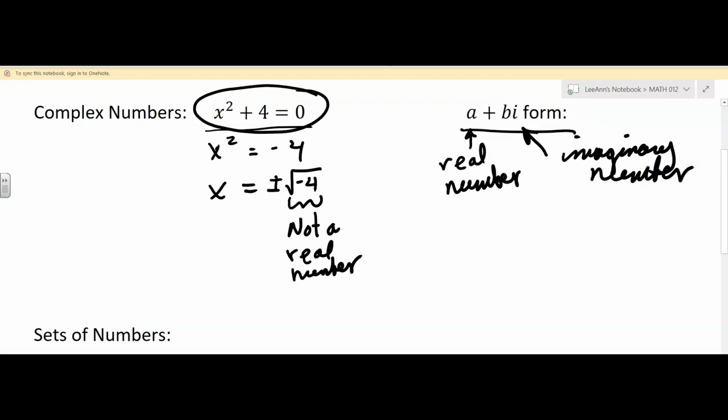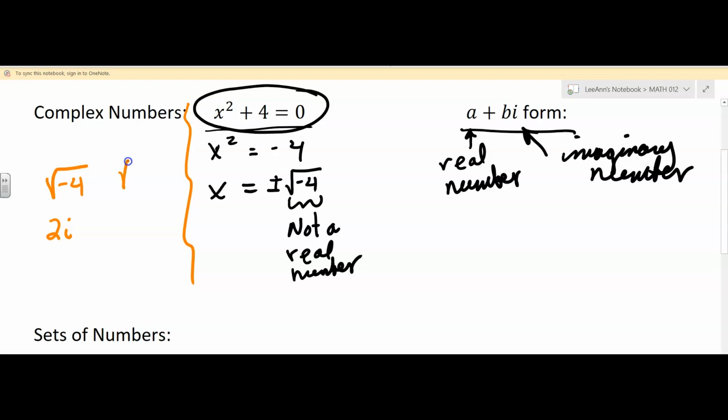Okay, so let me go back to where we had the square root of -4. You may remember that we write that as 2i. Now, that's not the solution to this equation. I mean, you'd have plus 2i and minus 2i, but anyway, that's how it's defined.